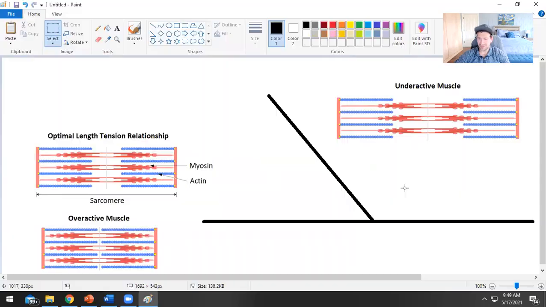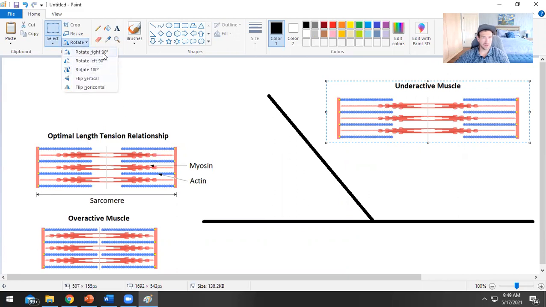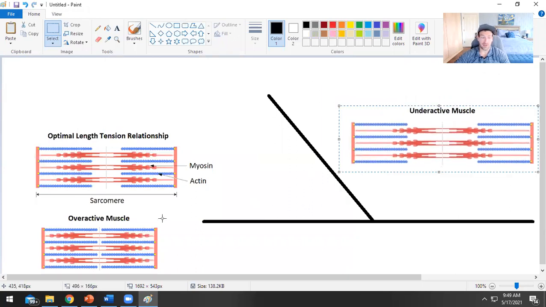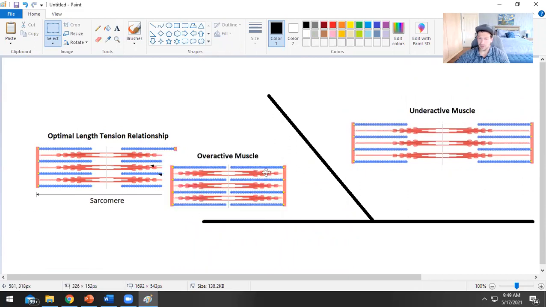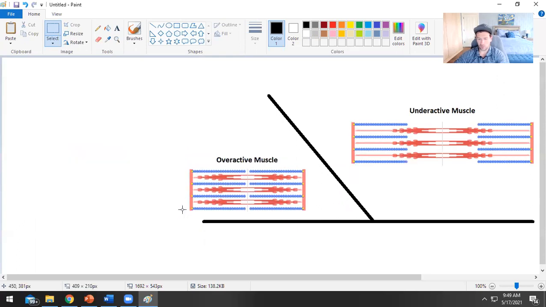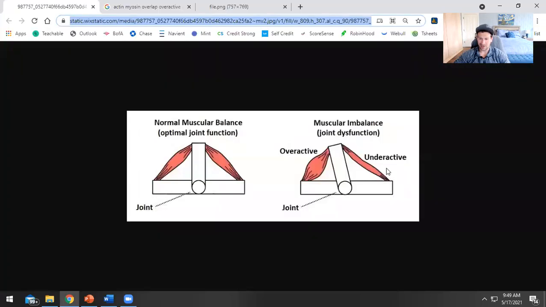I don't think that's going to help me. If we rotate you 90 degrees, does that work? Not really. All right. Well, anyway, here's our underactive muscle on this side of the joint. It's not grabbing enough. And here's an overactive muscle over here. One day we'll be back at Sochi. I'll have a freaking whiteboard where I can draw things. So it kind of looks like this, sort of. Altered joint angle rather than a perfect ideal 90 degrees. That was a huge failure.